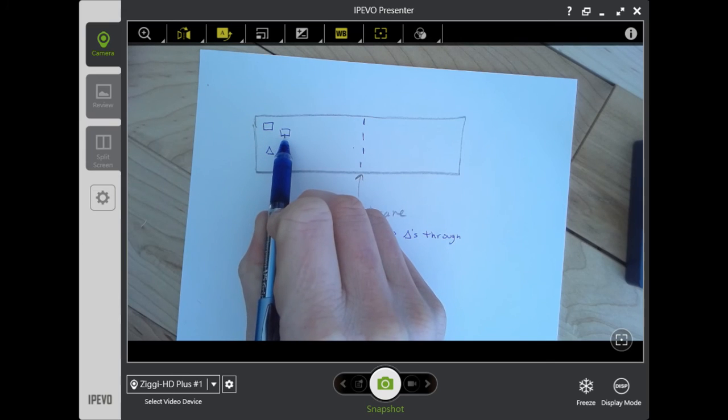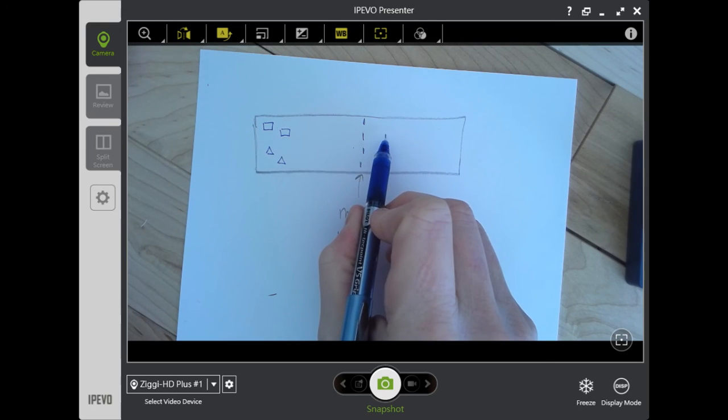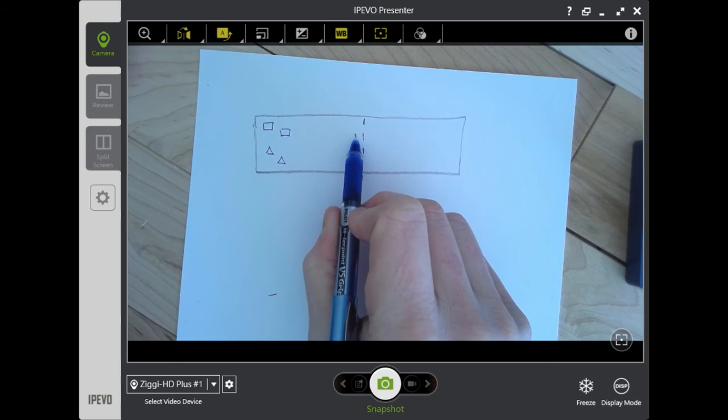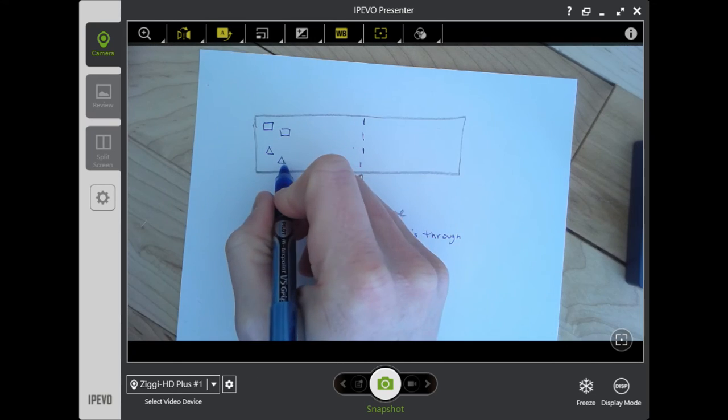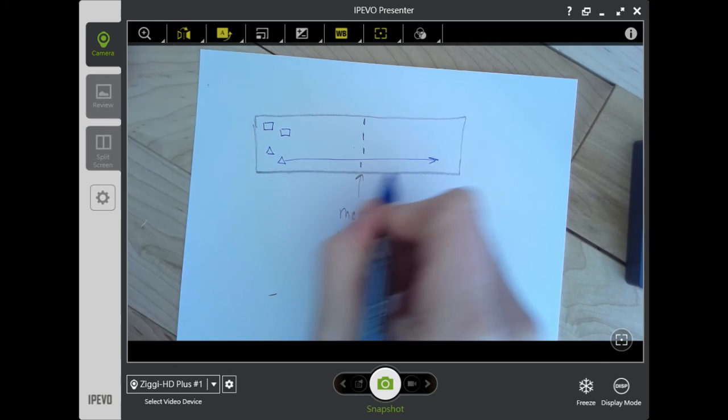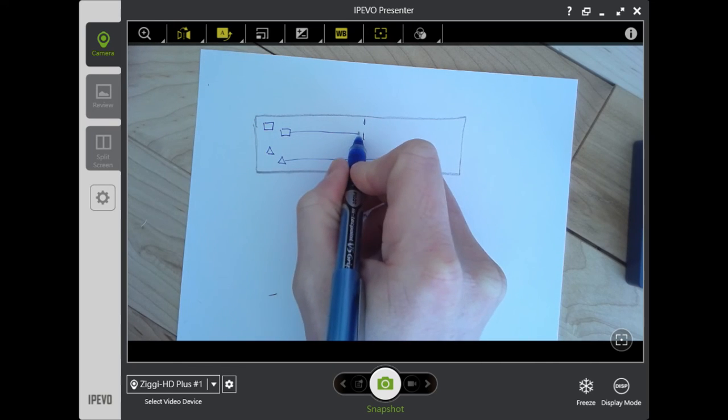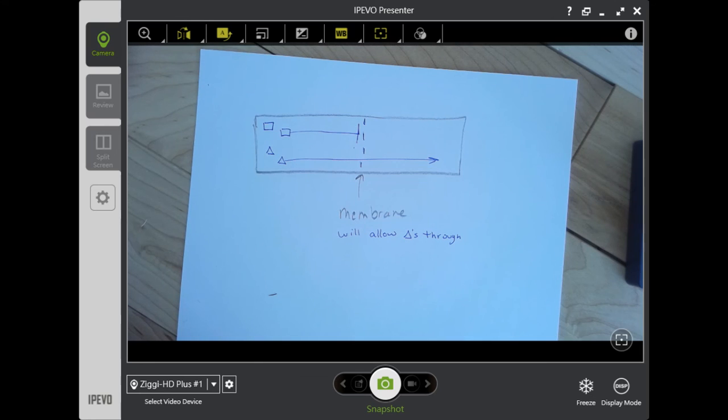Okay, so the triangles can go all the way through. When the square comes up and gets to the membrane, it's not going to be able to get through, so it's going to get blocked. So these can travel all the way through. These ones are going to get to here, and then they're going to get stopped. Okay, so they're still going to diffuse.